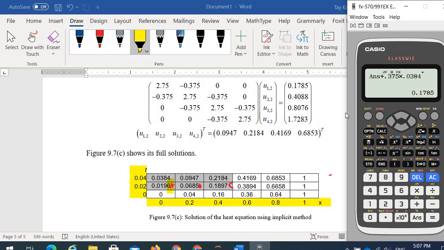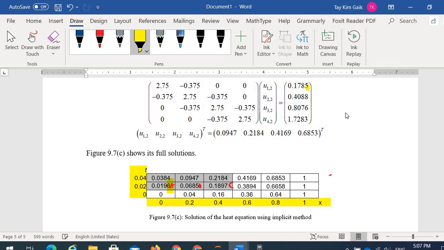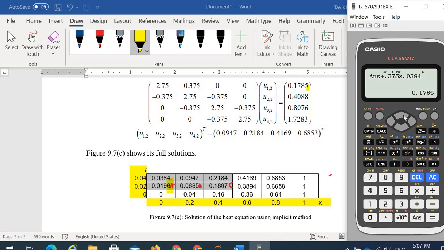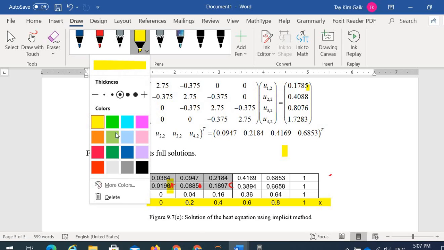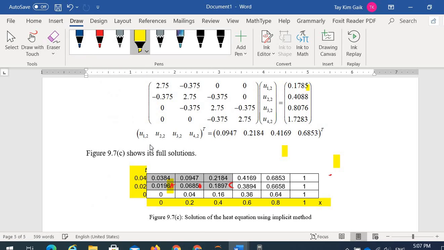So you get 0.1785 here. Okay, and for the intermediate, no problem. Only the first and the last equation, be careful of the boundary condition.